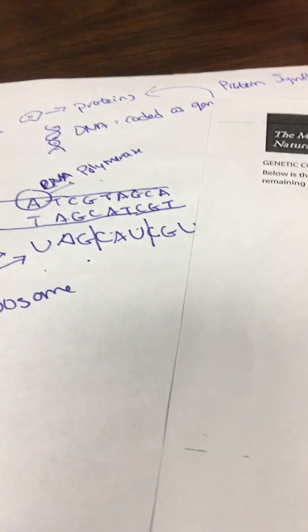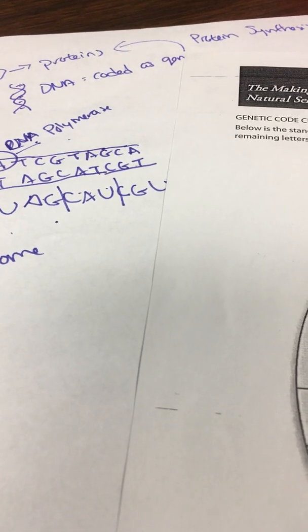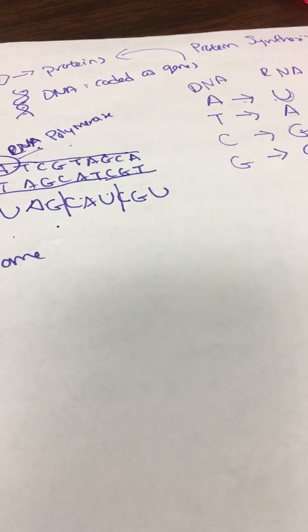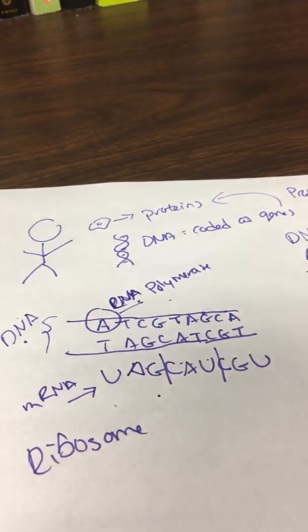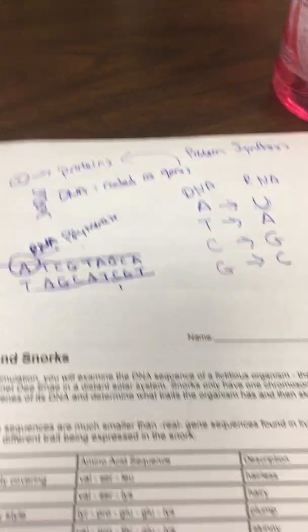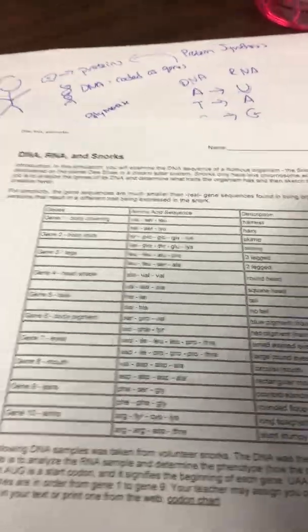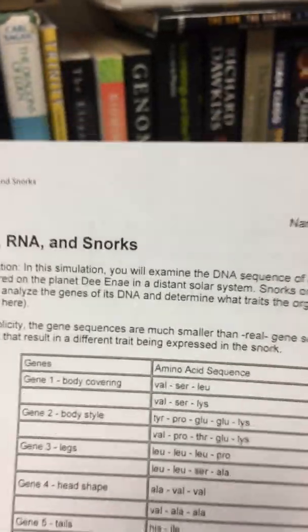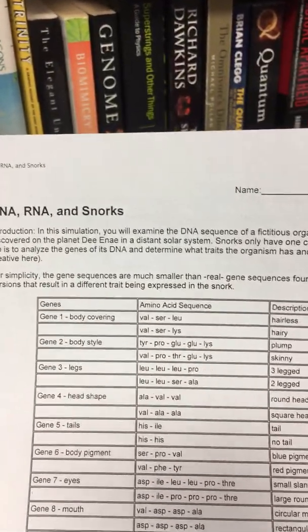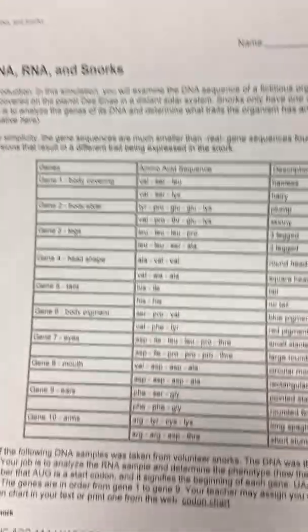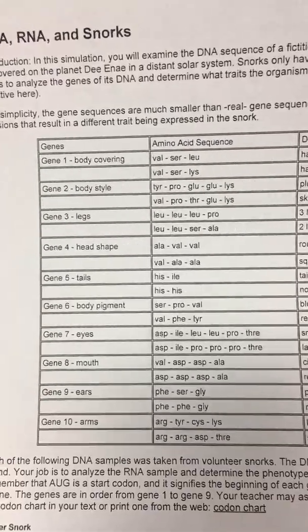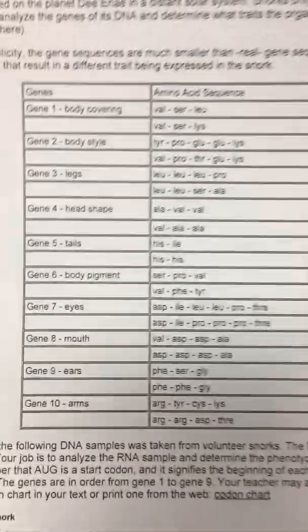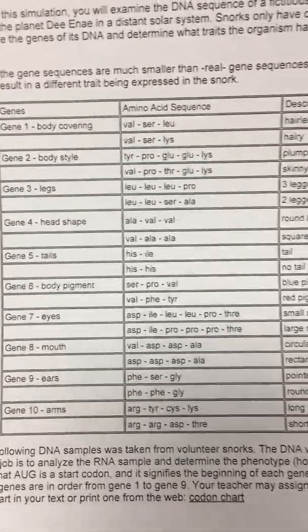And I think we got that really clear when we were doing our sentences, but I want to show you how all this ties back to you and actually creating you. So I'm going to let you use this example, which is called the snorks. We have these fictitious little characters called snorks, and they have one chromosome with 10 genes, and each gene codes for a different trait, just like your genes code for different traits.